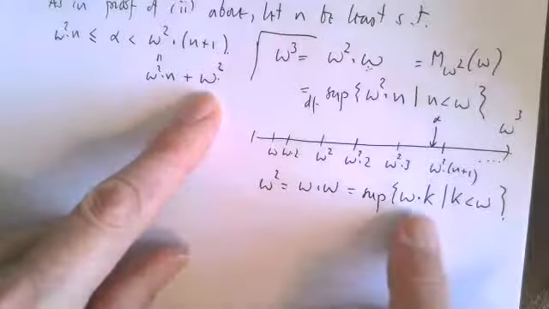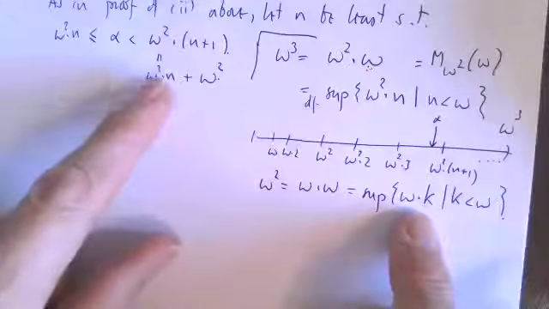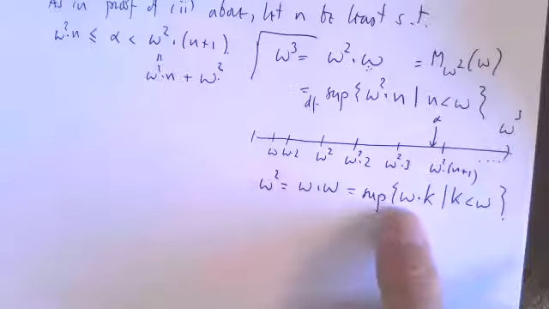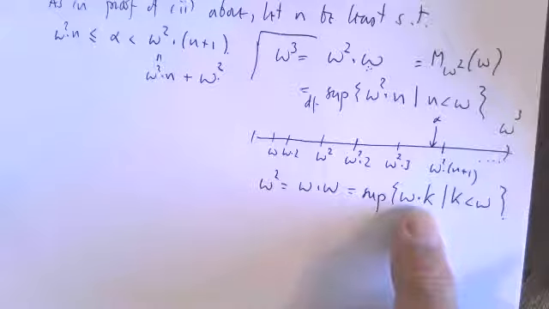So omega squared times n plus omega squared is too far. So there's going to be some least k such that omega squared times n plus omega times k is going to be too far.